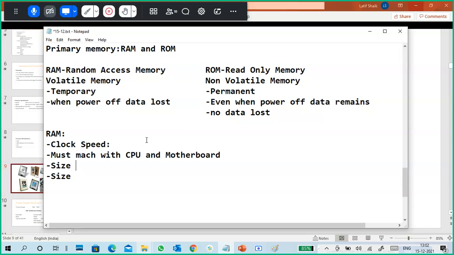RAM size is like 2 GB, 4 GB. Don't use 2 GB nowadays. I think 2 GB is not there for DDR4. 8 GB, 12 GB, 16 GB RAMs. The size of the RAM will be decided based on your CPU and motherboard only.